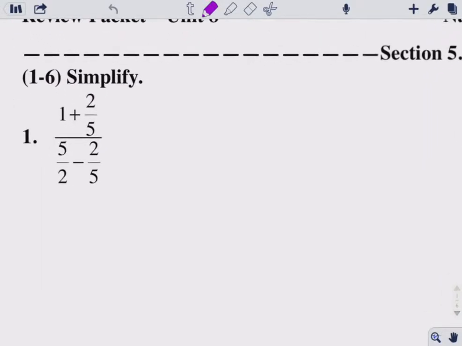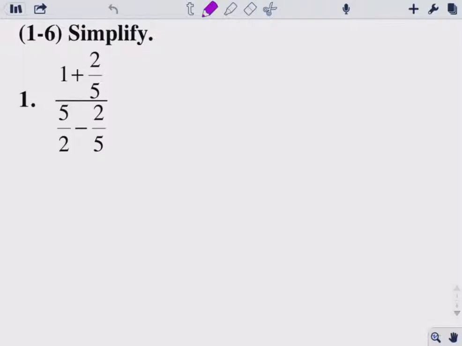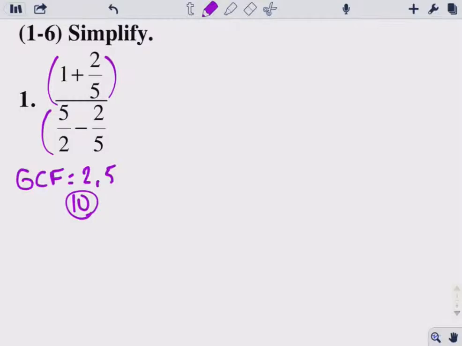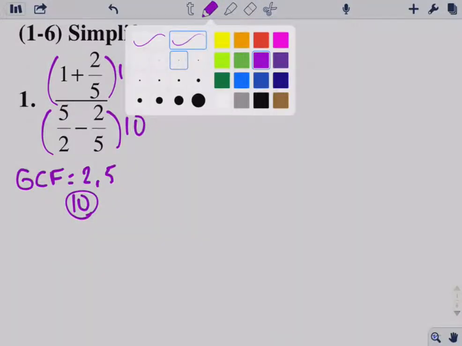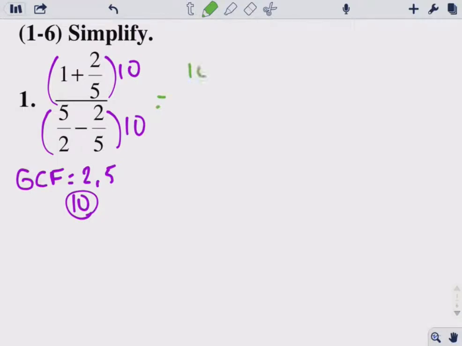This is section 5-7. Alright, so remember what we want to do with these is we want to find a GCF, and the GCF is between 2 and 5, and so the GCF is 10. Now, if I take that, I can multiply by 10 on the top and the bottom. When I do that, I get 10 plus 20 over 5, 50 over 2, minus 20 over 5.